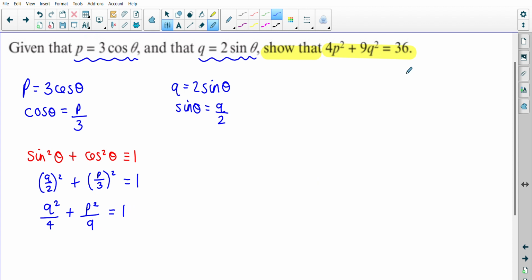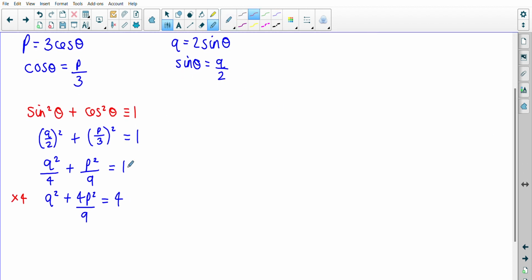Now I'm comparing against what I've got in the question. How am I going to get a 36? You might have spotted it. You can times through by 4, then times through by 9, or times through by 36 altogether. I will break it down. I'm going to times by 4 first. Times by 4, I'll be left with Q squared plus 4P squared over 9 equals 4. If I then times by 9, I'll get 9Q squared plus 4P squared equals 36.